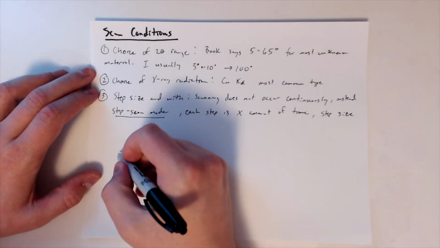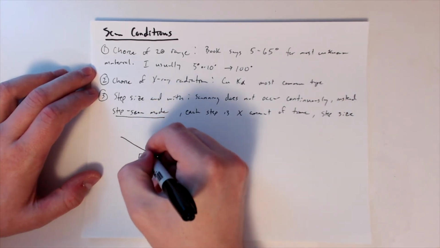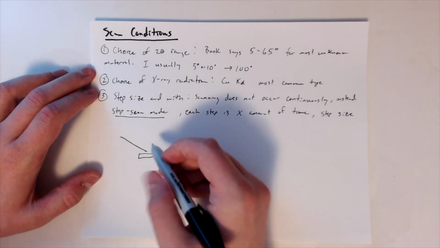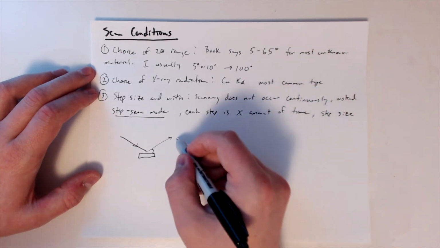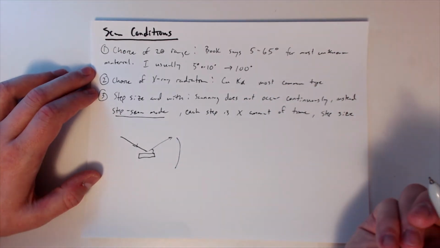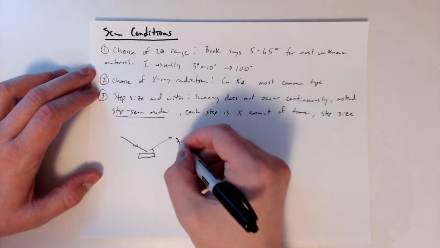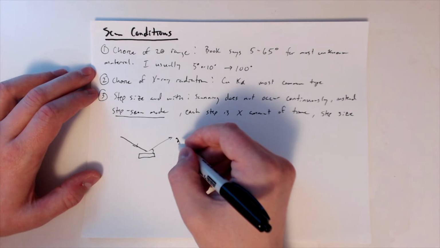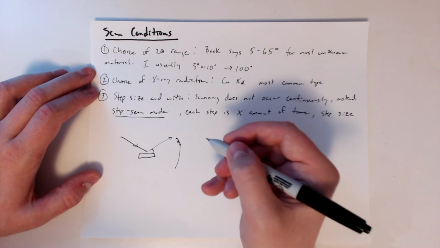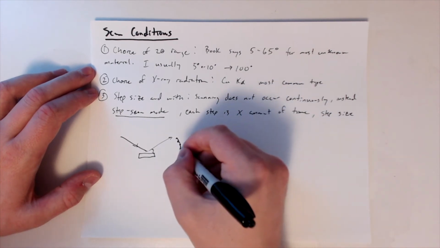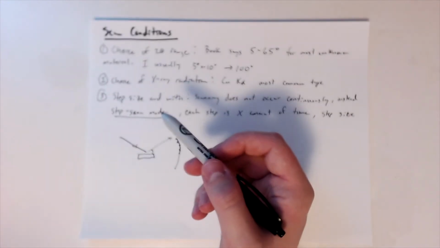So if you think about the sample here and the incident beam and the diffracted beam, instead of scanning these angles continuously, what we do is step one increment, allow that to collect intensity data, and then step to the next after a given time, and then step to the next, and step to the next.